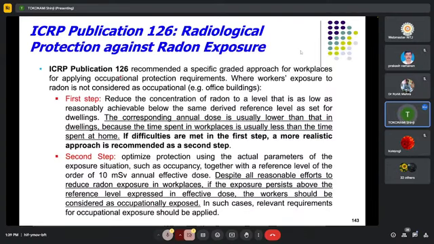ICRP Publication 126 recommended a specific graded approach for workplaces for applying occupational protection requirements, where workers' exposure to radon is not considered as occupational, namely office buildings.